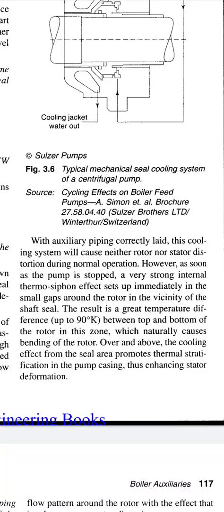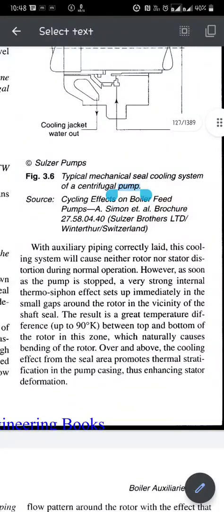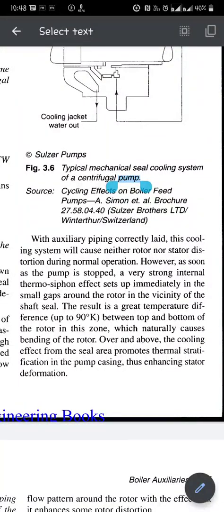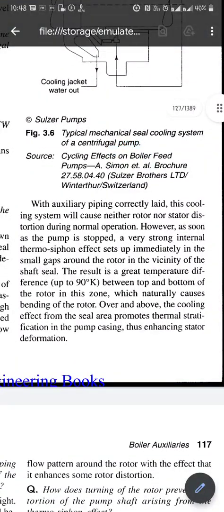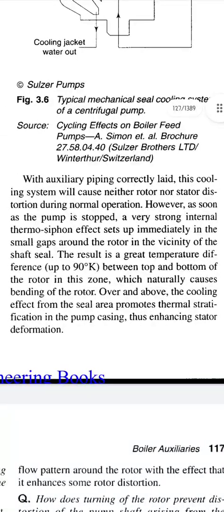The result is a great temperature difference, up to 90 Kelvin, between top and bottom of the rotor in this zone, which naturally causes bending of the rotor. Over and above, the cooling effect of the seal area promotes thermal stratification in the pump casing, thus enhancing stator deformation.